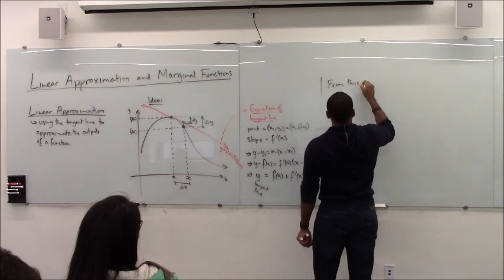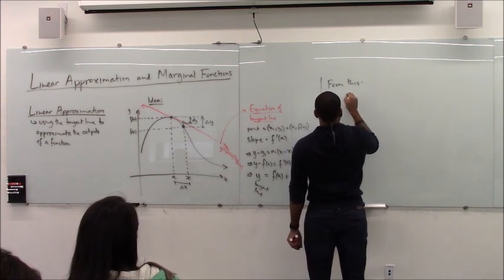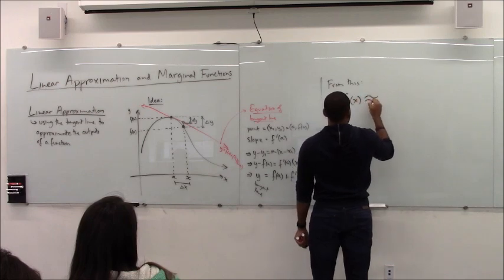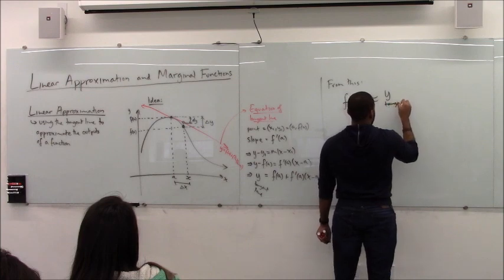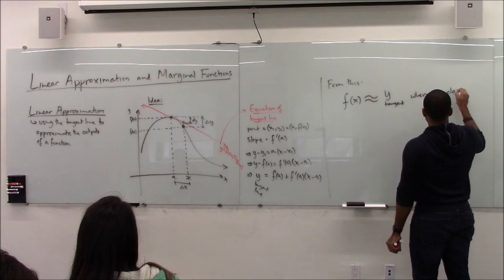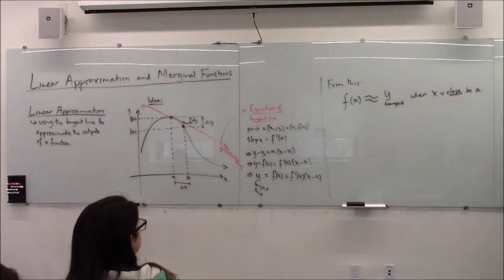From this, we'll know that f of x will be approximately equal to the y of the tangent when x is close to a. The closer you can get, the more these two will start to align.